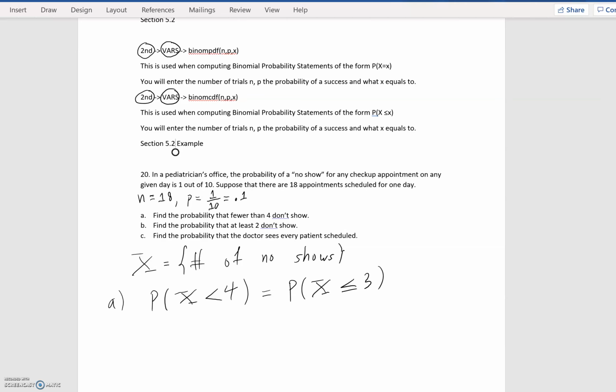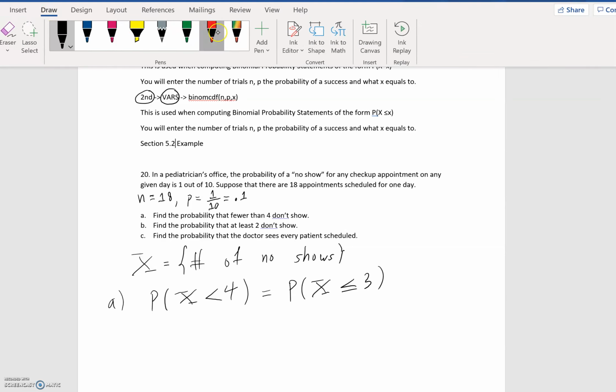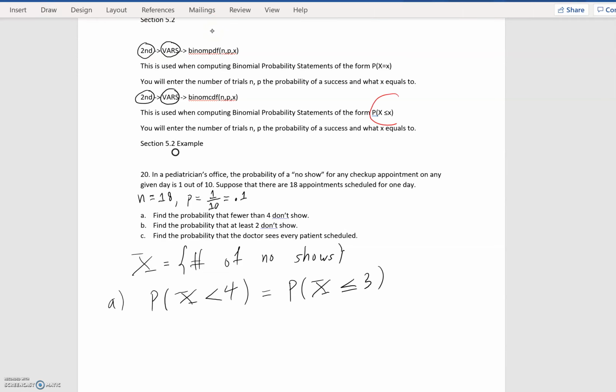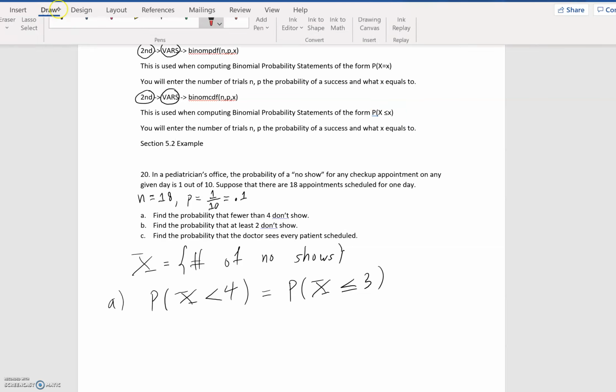This is a scenario where we will compute this thing using binom CDF. You will use binom CDF when you're computing probability statements of this form here. Let me circle it in red. Capital X being less than or equal to some number.